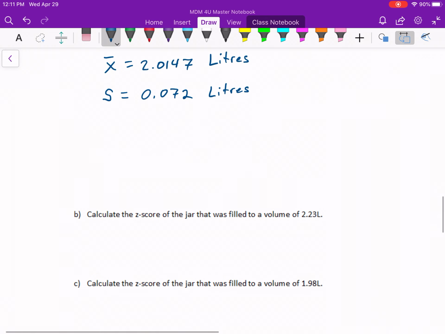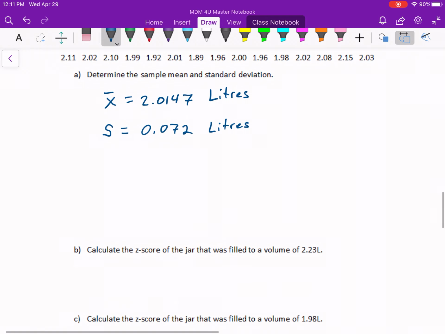So now we can use that to calculate the Z-score. Calculate the Z-score of a jar that was filled to a volume of 2.23. So 2.23 is one particular piece of data.